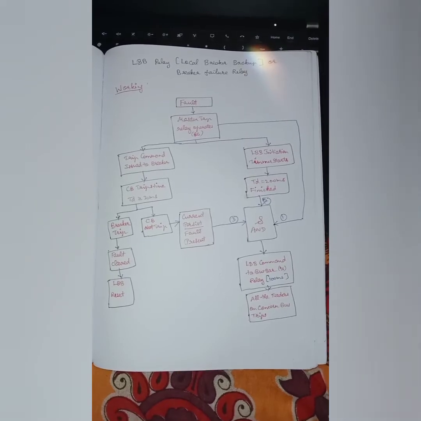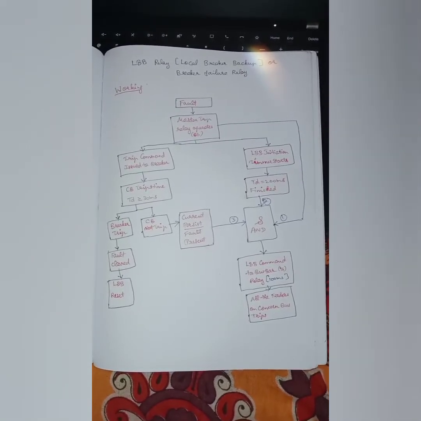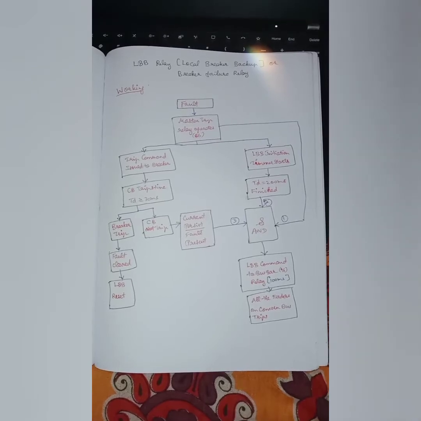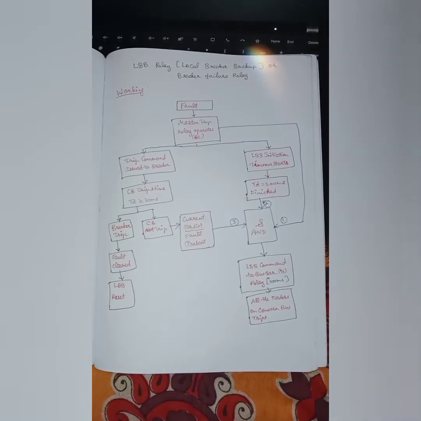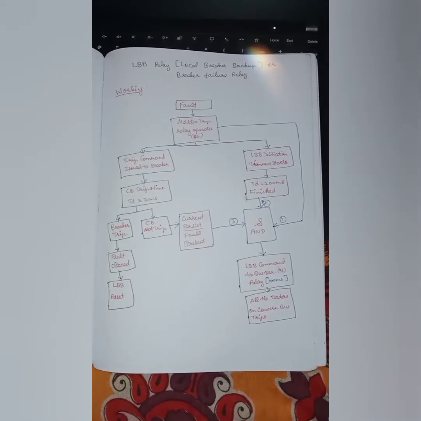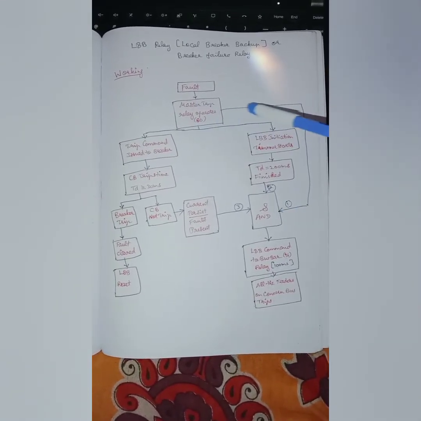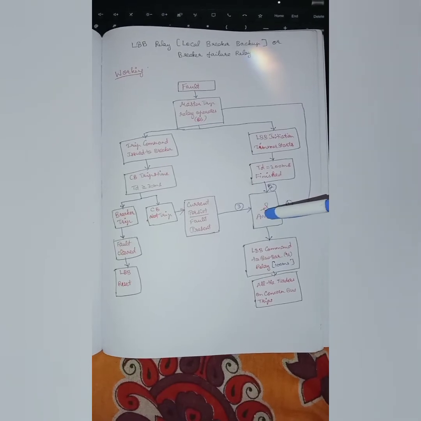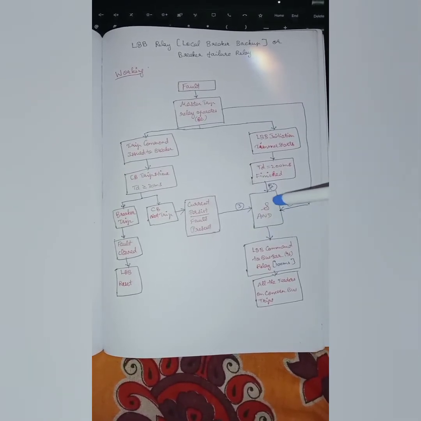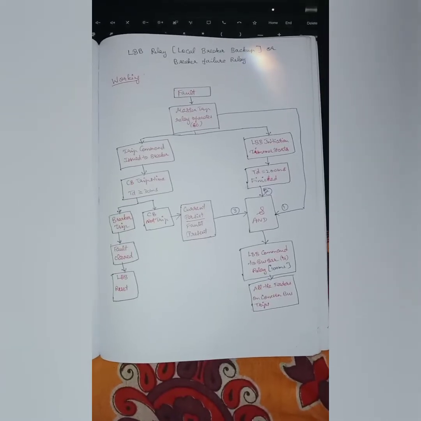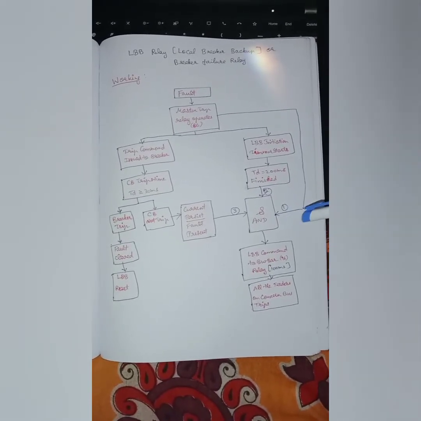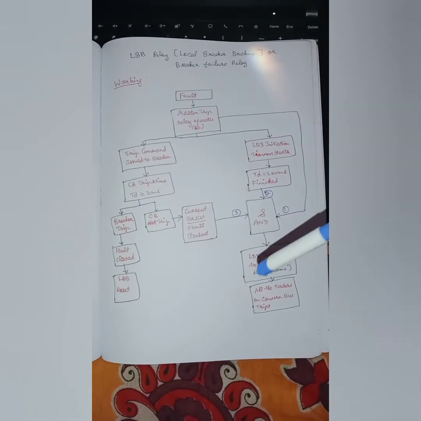In this case, if we come to know that the breaker has failed to open, then your LBB will initiate. The LBB will initiate in a normal condition also, which means you can see this UND relay, which should be satisfied.